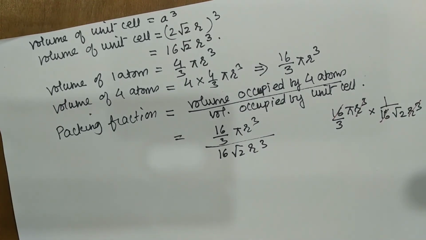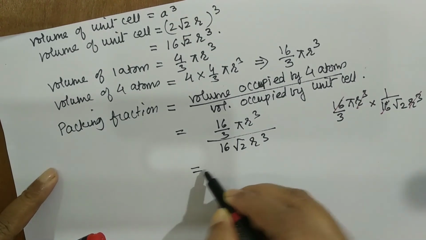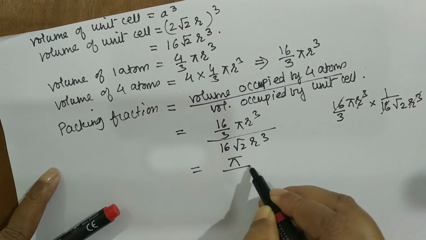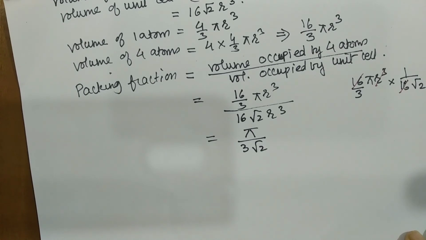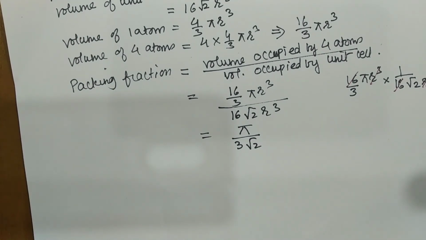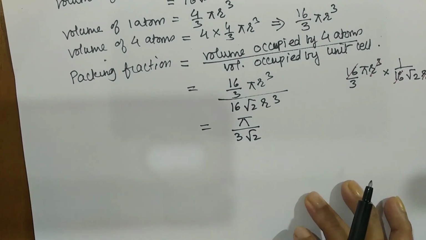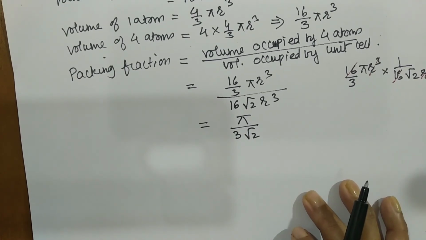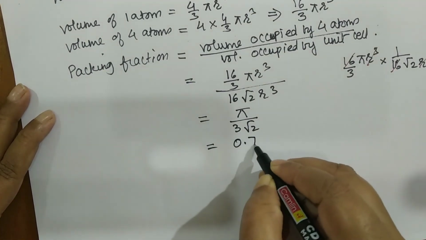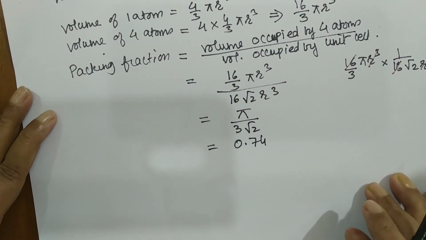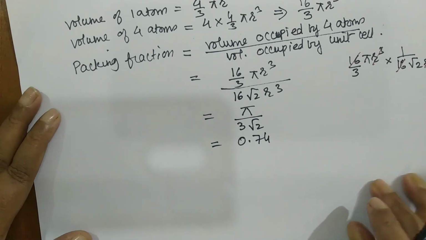So what is left, student, is pi by 3 root 2. If you do the calculation, you can take the value of pi as 3.14 and root 2 as 1.414 and do the calculation. So what answer you will get here is 0.74. So this is the packing fraction for FCC structure.